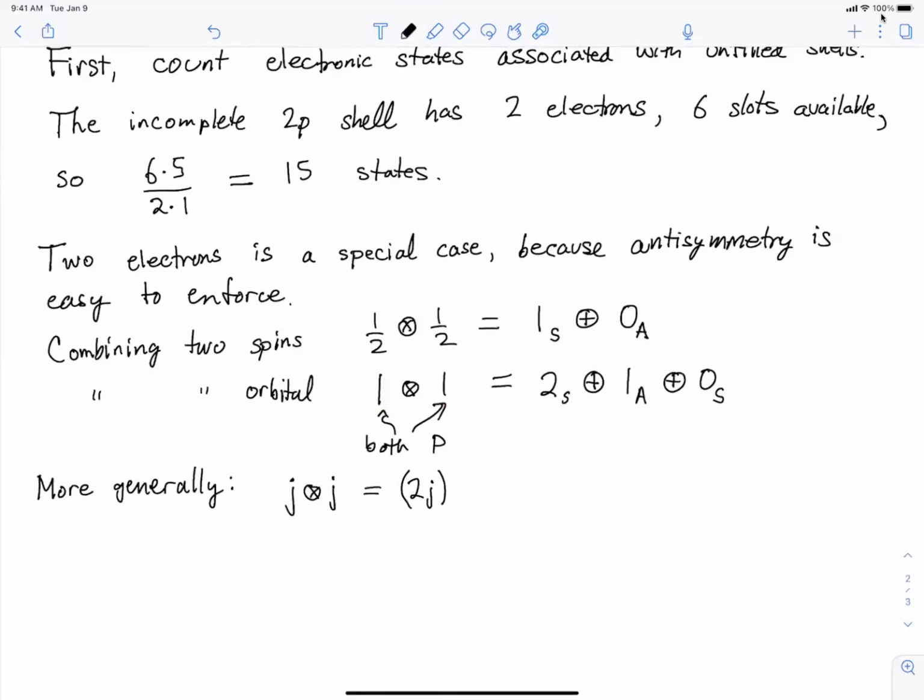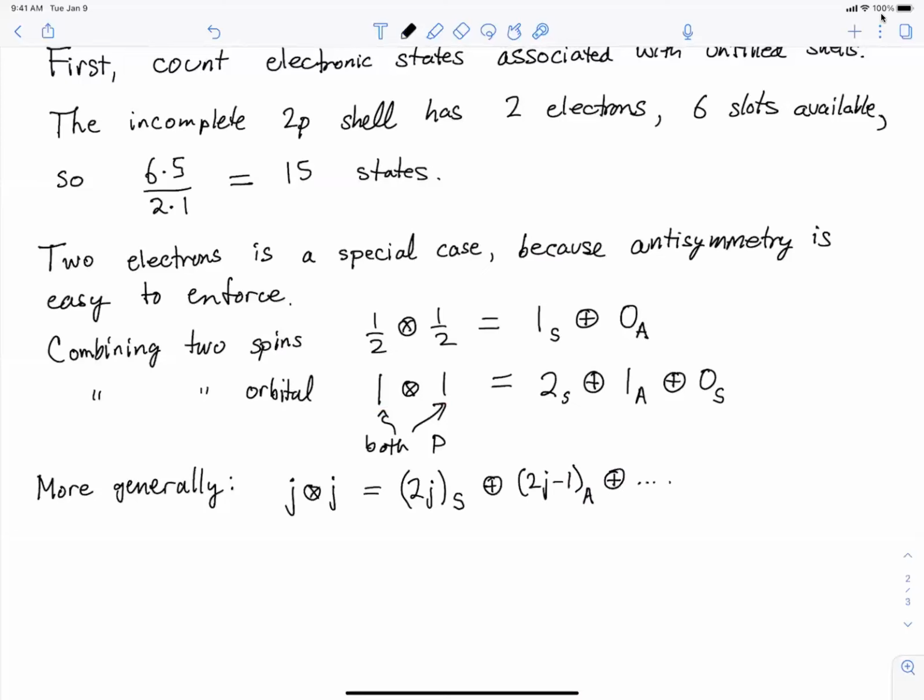If you combine j with j and you get 2j, that combination is always symmetric. The next thing you can get is 2j minus 1, and that combination is always antisymmetric, and then they alternate.